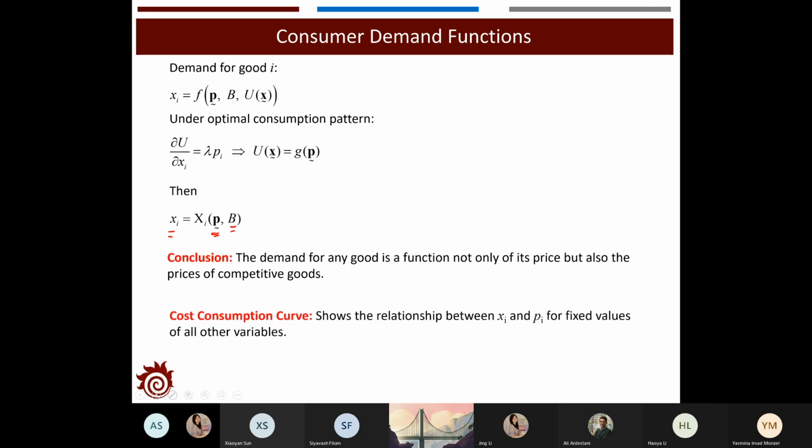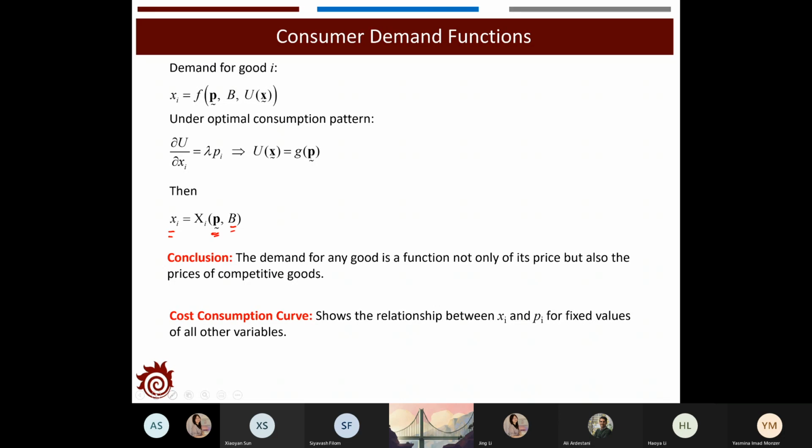And with the consumer demand functions, we can find out the cost consumption curve, and it's going to show how the value of xi is changing with respect to the price for fixed values of the other variables.